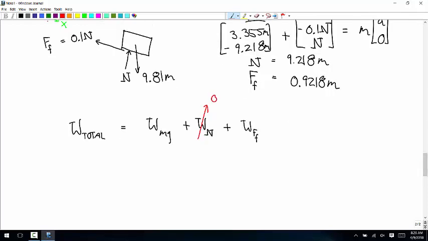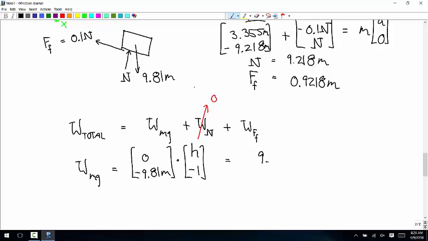The work done by the weight is exactly the same as it was before. That's just equal to 0, negative 9.81 m, dotted with something, negative 1. Same as before, and we just get 9.81 m positive.